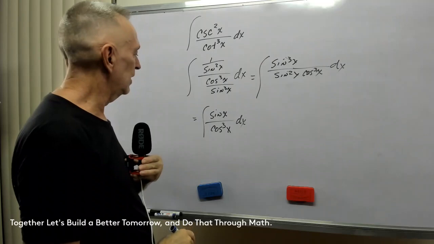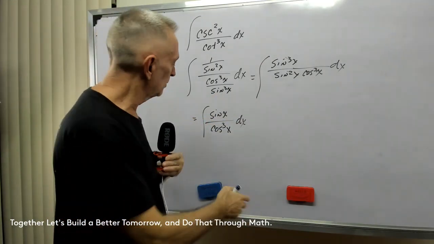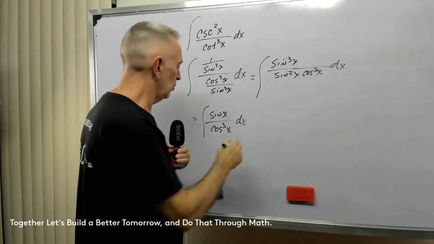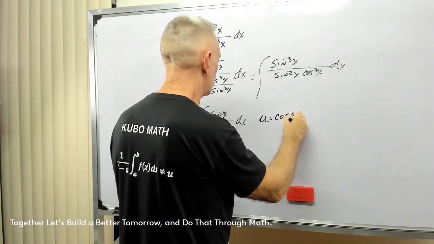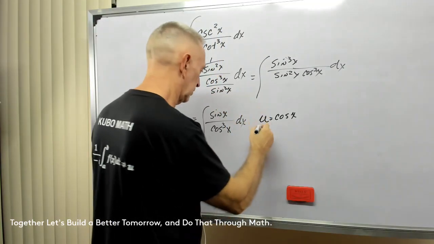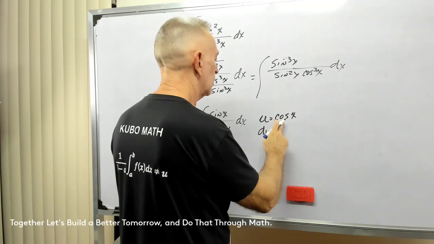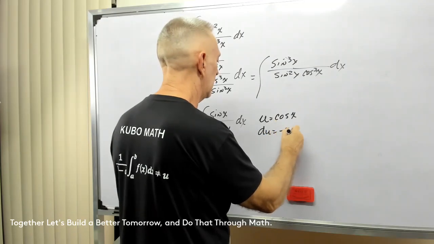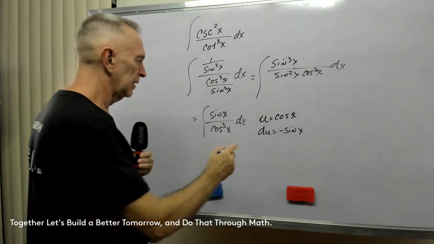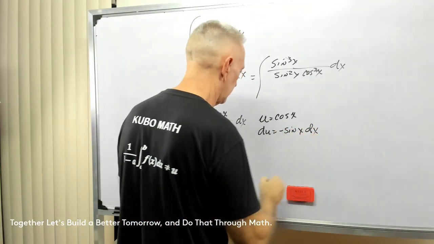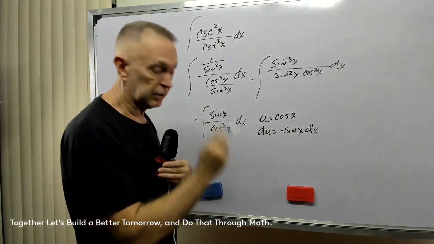Now then, remember sine and cosine, they're big buddies. What if we let u equal cosine x? So du equals, derivative of cosine is minus sine x dx. Chain rule. Now let's divide both sides by negative sine x.